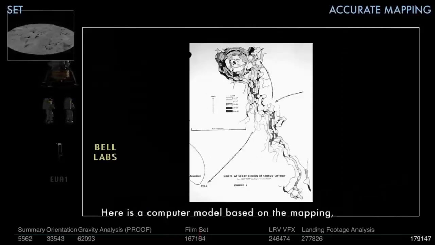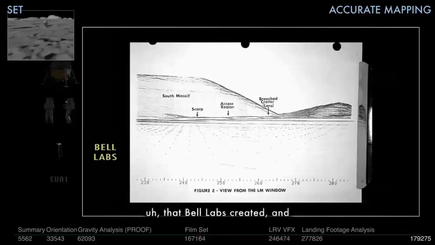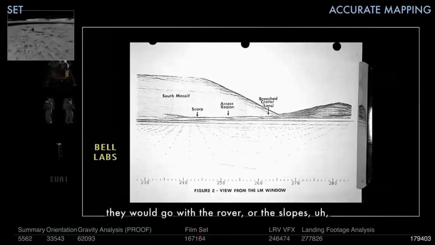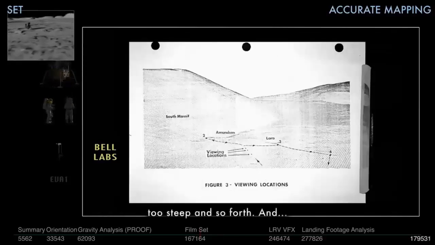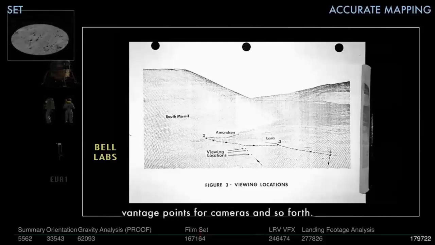Here is a computer model based on the mapping. This is what Bell Labs created. They used it to plan out where they would go with the rover or the slopes, too steep and so forth. Why not use it to plan out vantage points for cameras and so forth?